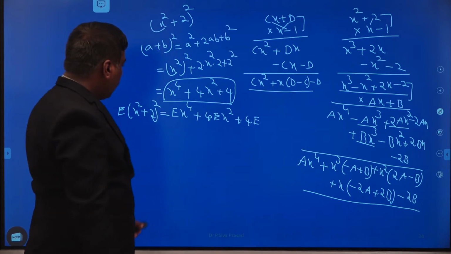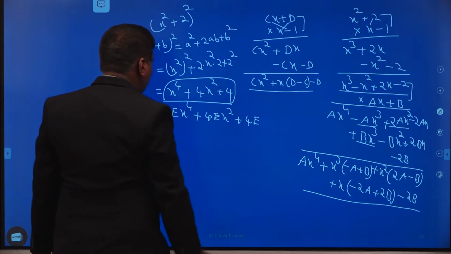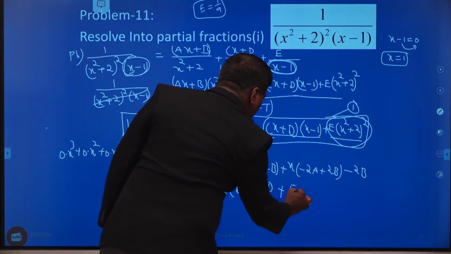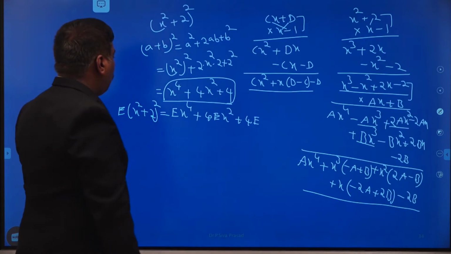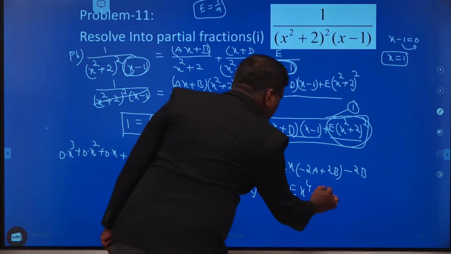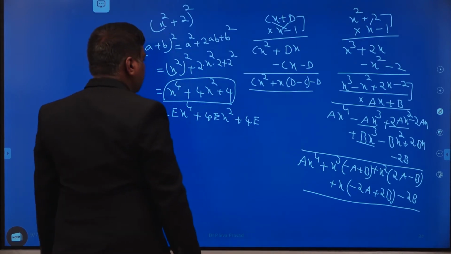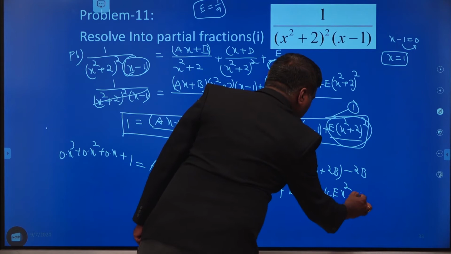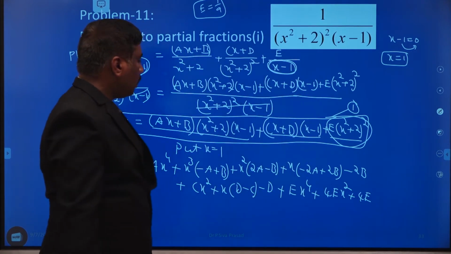That value I have to substitute here: e x to the power of 4 plus 4e into x square, next plus 4e. That is the total terms.